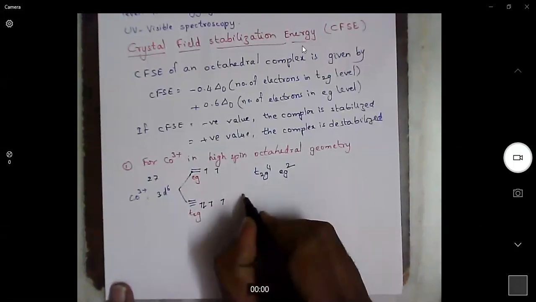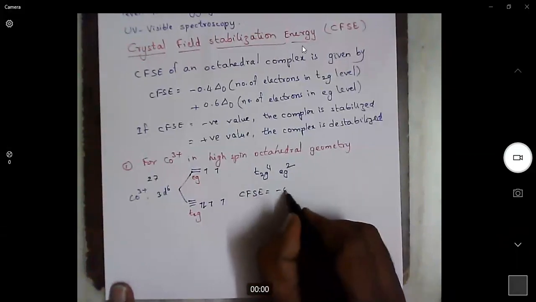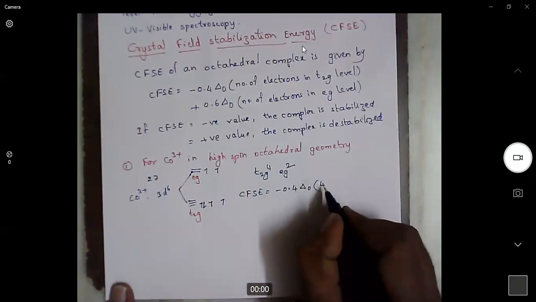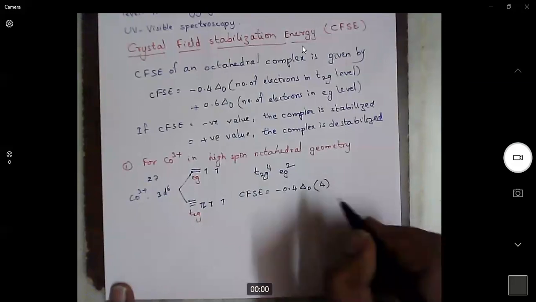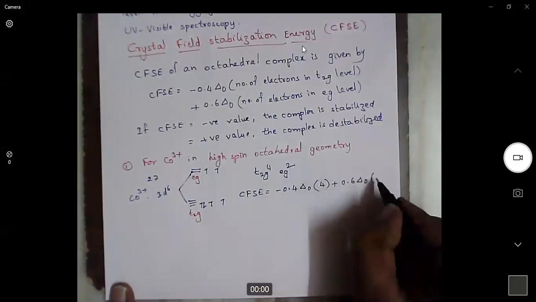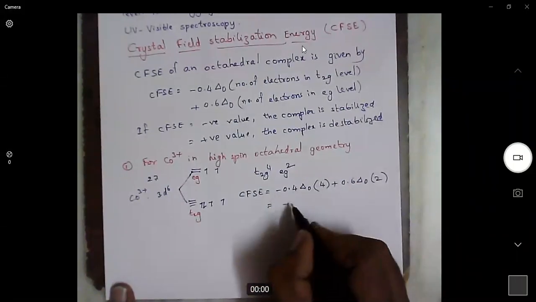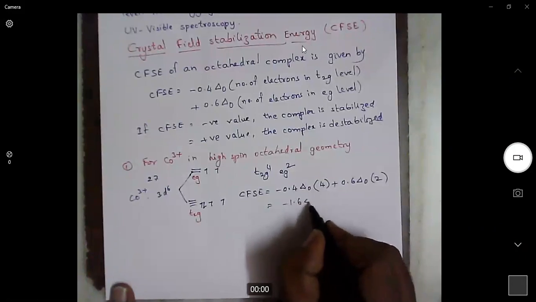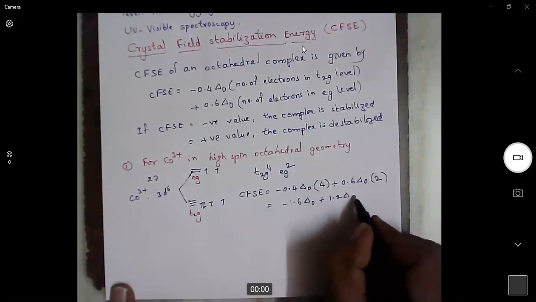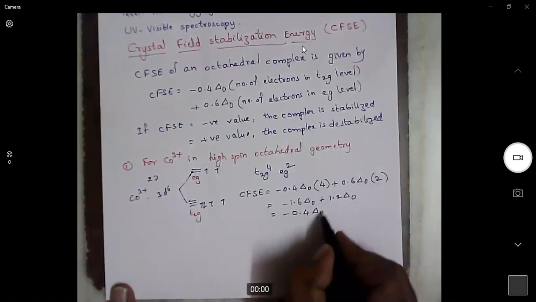Now we can calculate CFSE using this formula. CFSE is equal to minus 0.4 delta naught into the number of electrons in T2g level, plus 0.6 delta naught into the number of electrons in Eg level. 4 into 4, minus 1.6 delta naught, plus 0.6 into 2 is 1.2 delta naught. Overall, it is minus 0.4 delta naught.